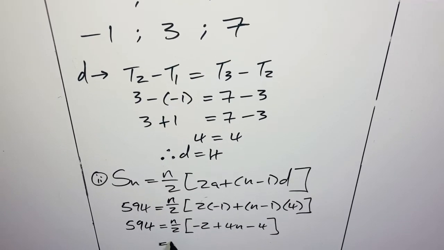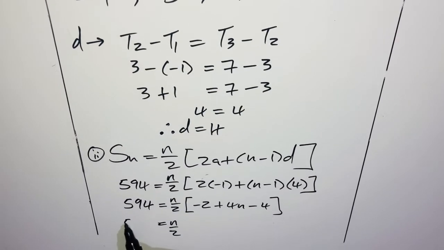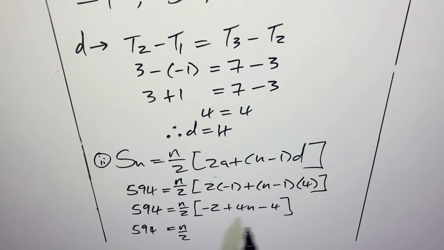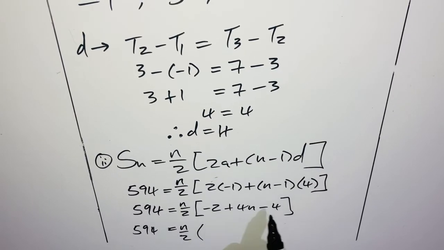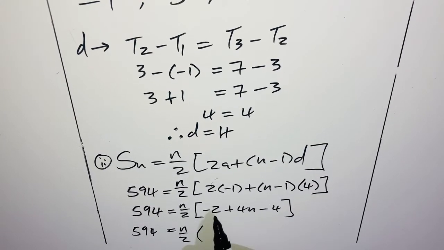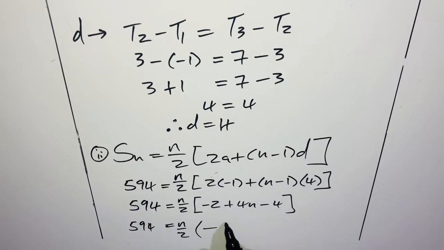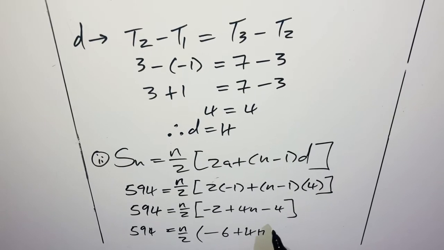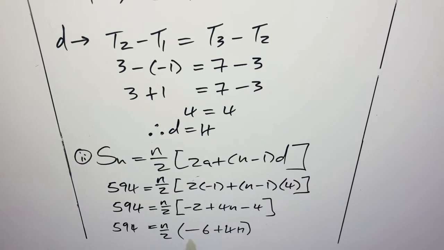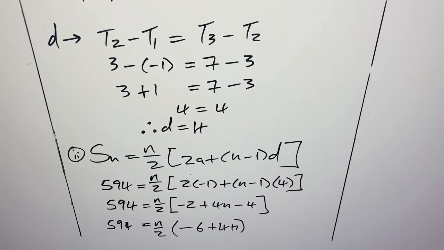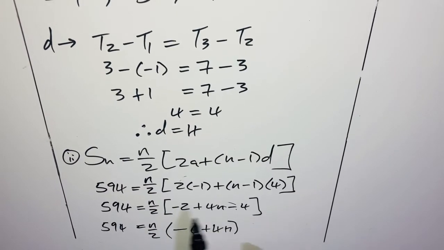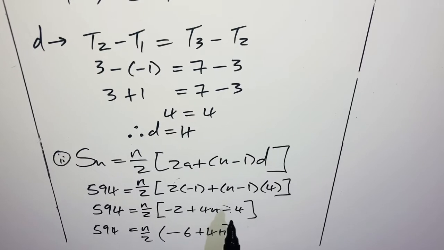Then from here, we have our n over 2 equals 594. Then these two are like terms, minus 2 minus 4. This is what we find when we multiply out the brackets inside.